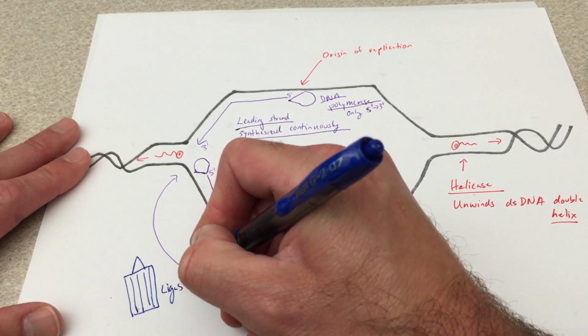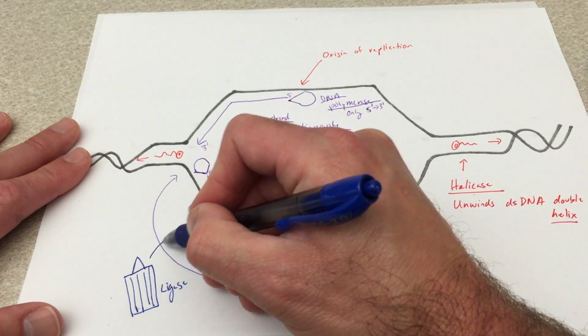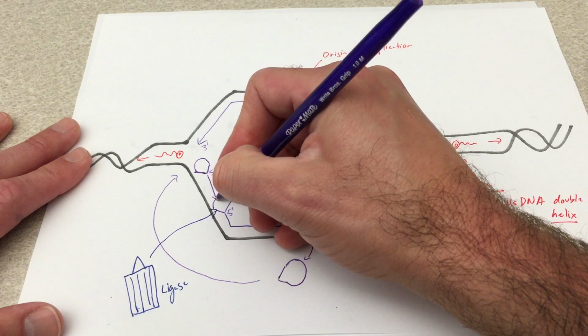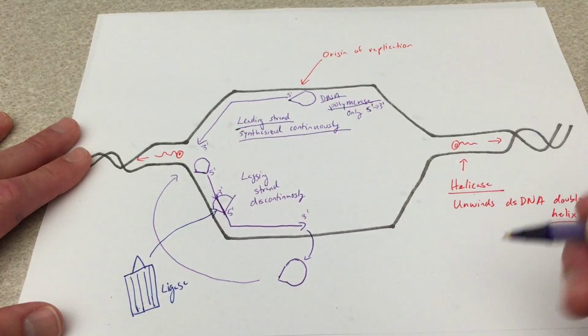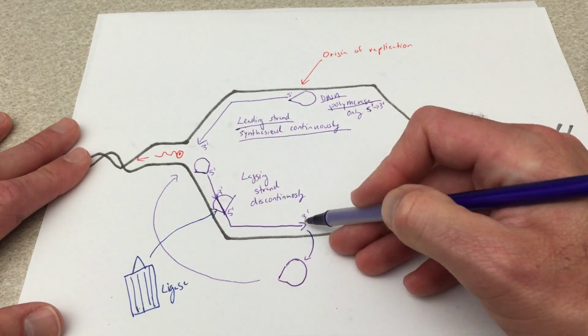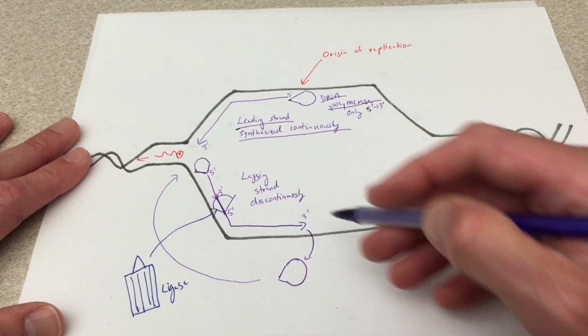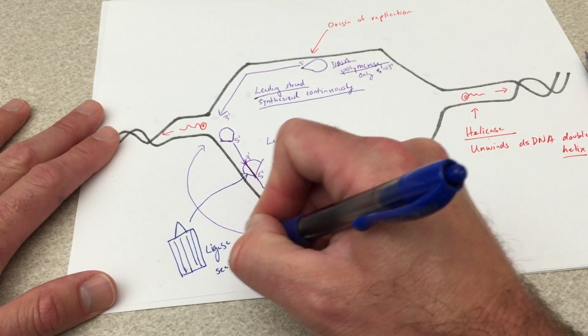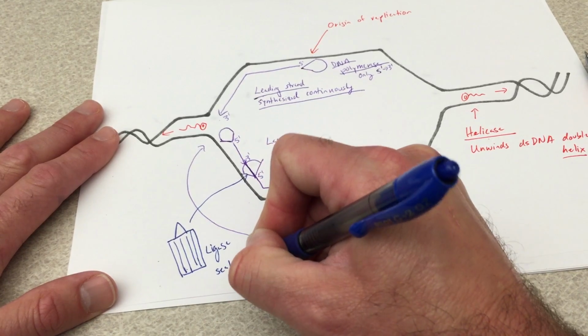So this is DNA ligase, and it will come in and seal the backbone between these little pieces of the lagging strand. So ligase seals the gaps.